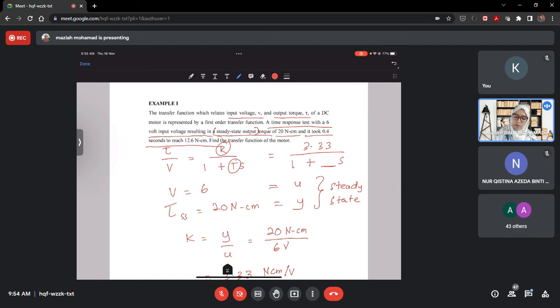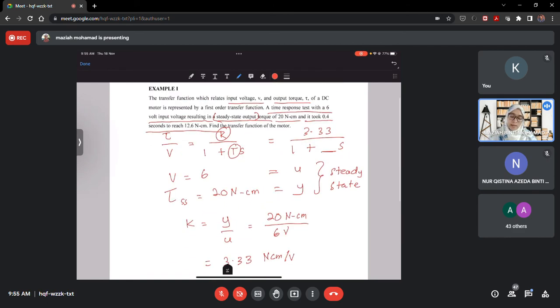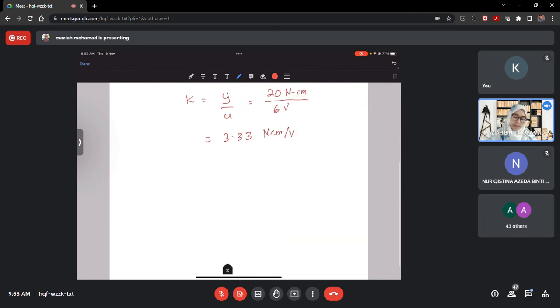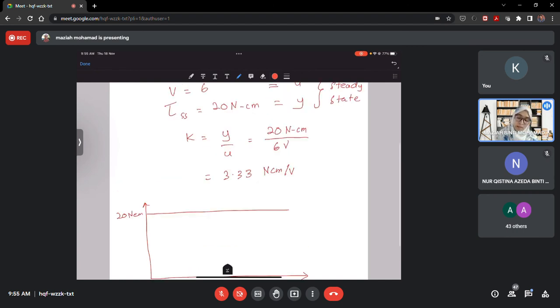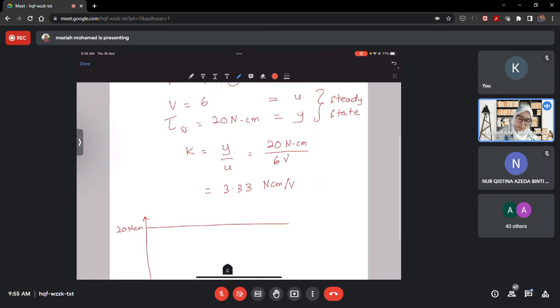So we need to find T. If we plot the system, we know the final value will be 20 Newton cm, and then it mentioned 12.6.